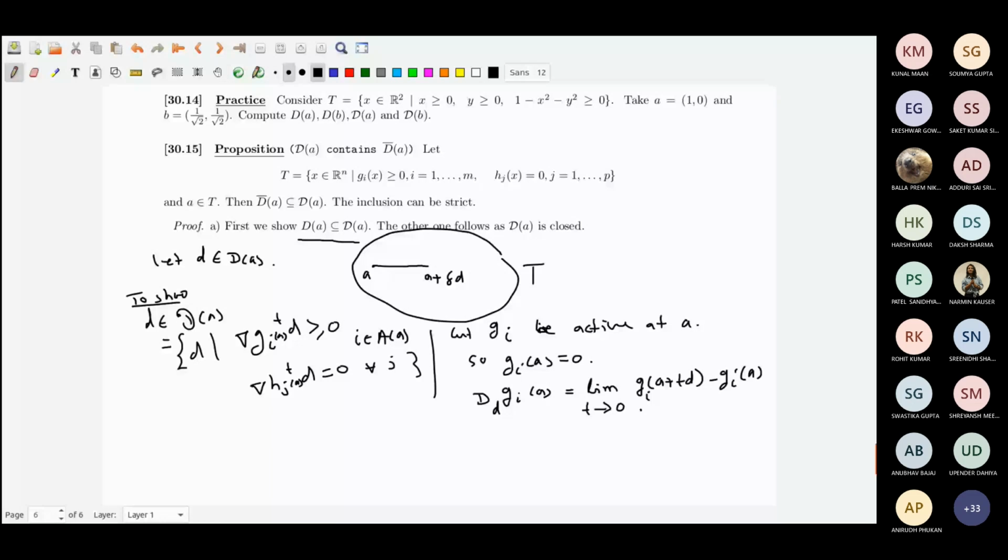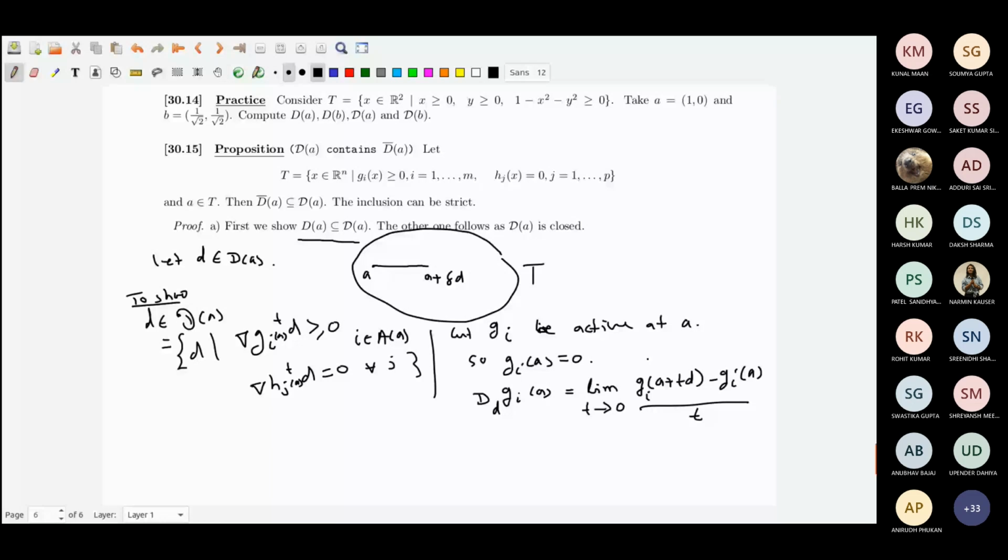And what about Gi(A plus tD)? If I pick t between 0 and delta, for small t, then A plus tD is inside the feasible region, which basically means this value is greater than or equal to 0, and this value is equal to 0. Therefore this quotient is greater than or equal to 0.